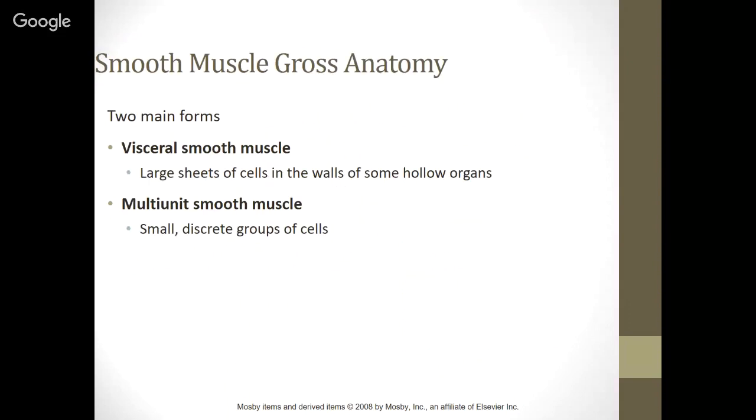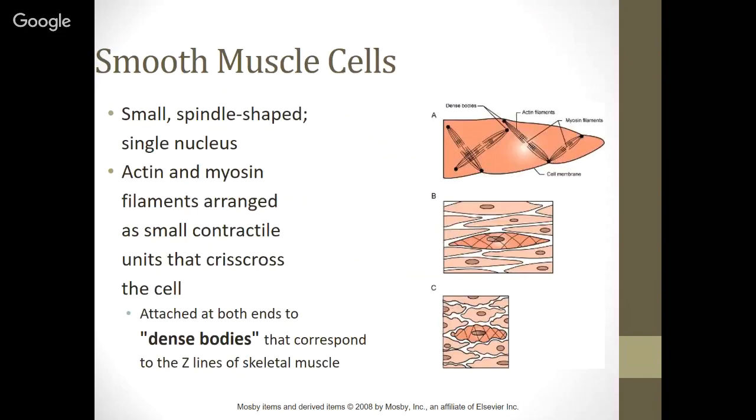In smooth muscle, grosso modo, there are two main forms. There's visceral smooth muscle, which are large sheets of spindle-like cells in walls of some of the hollow organs. They contract and relax. The multi-unit smooth muscle are small, discrete groups of cells. So these are small, spindle-shaped cells with a single nucleus.